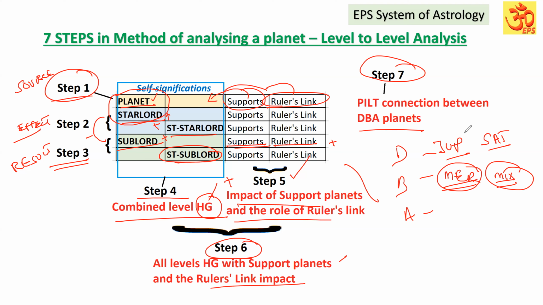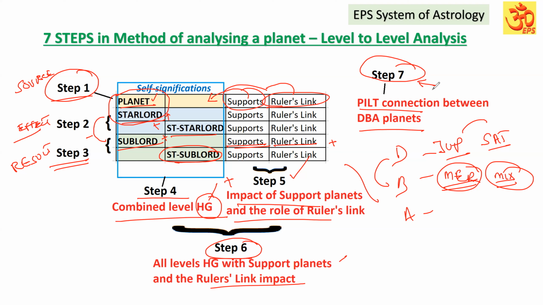Why? This is all based on the Dasa significations also, and also the connection, the pilt connection between the Dasa and Bhukti. I will explain the pilt connection and how to study it in the software in a separate lesson, in detail. But since it is coming under the steps, I'm just briefing about step number 7.